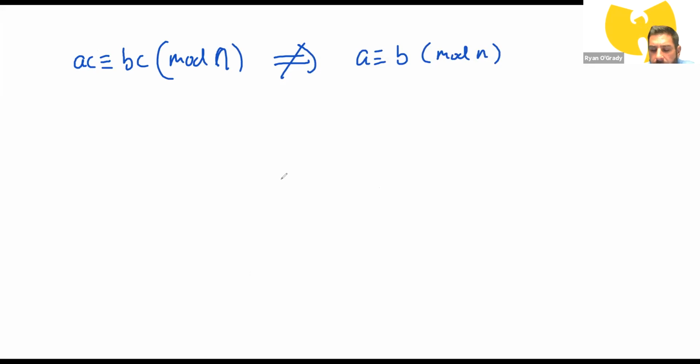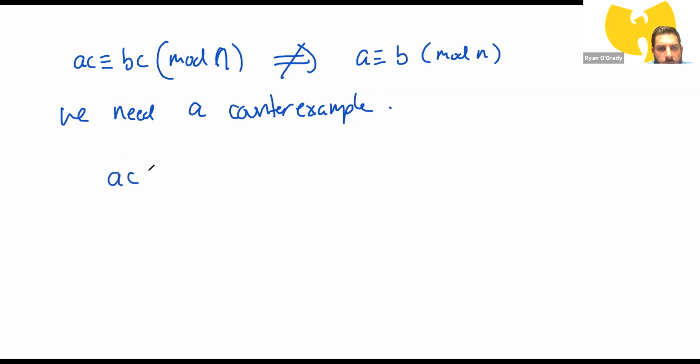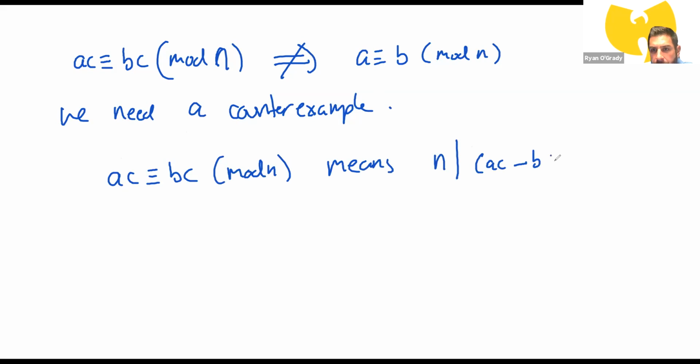So that's basically, you've got to do some trial and error. So we need one. Well, let's look at how this might go about. What does AC congruent to BC mod n mean? It helps to know what this means. This means that n divides AC minus BC.